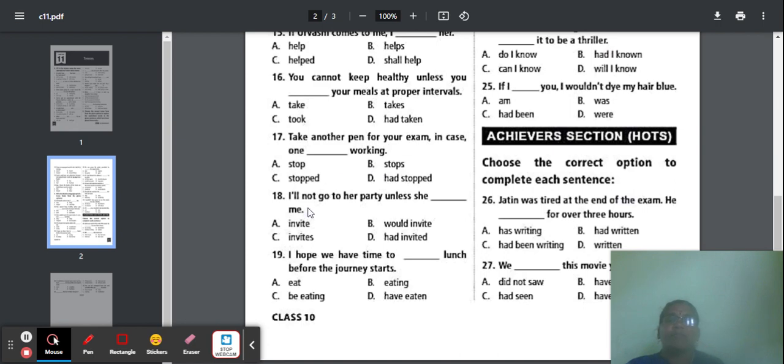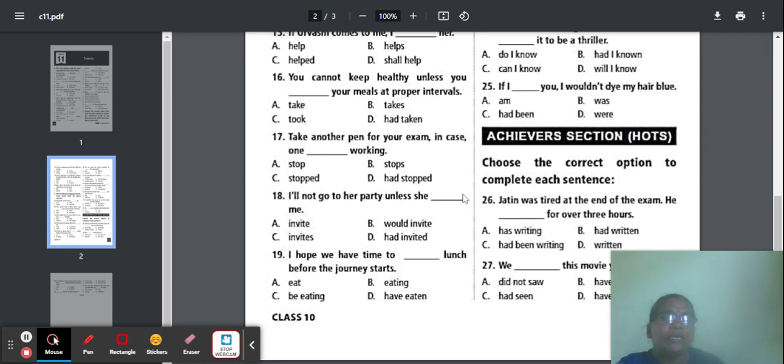Next, question number 18. I will not go to her party unless she dares me. Here, check, unless condition, will not. What will come here? If you work hard, you will pass that condition.